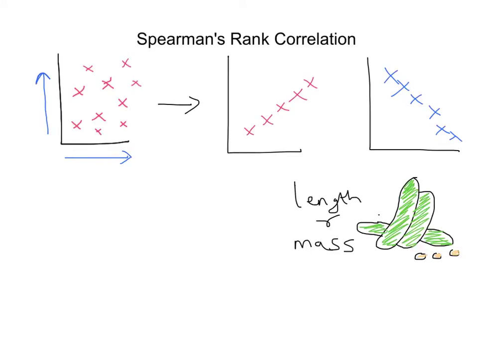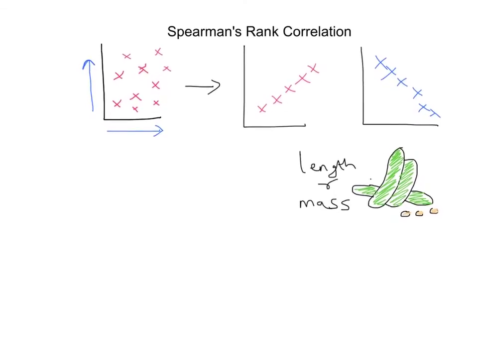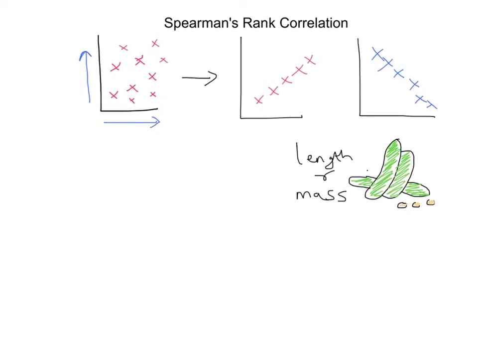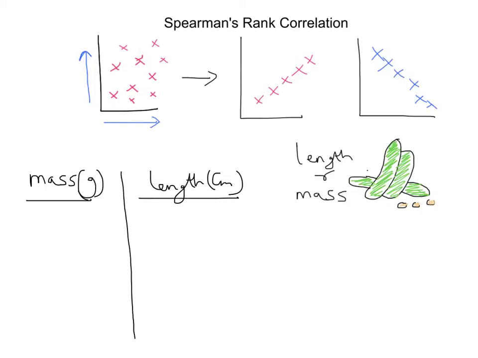The first thing we're going to need is a set of data to look at. We're going to have a little table, recording the mass here, and the length in centimetres over here. So we're going to need certain values now. Let's say for the mass we have 0.7, 1.2, 0.9.